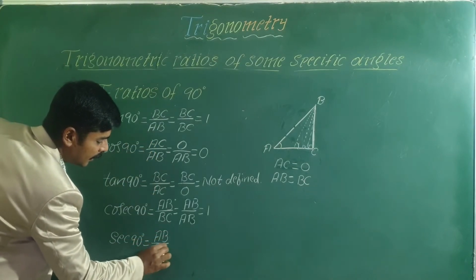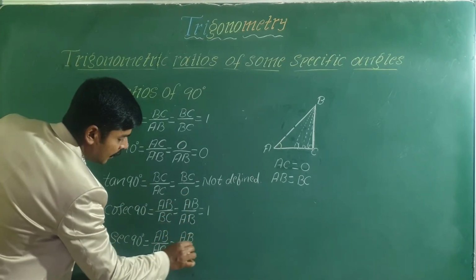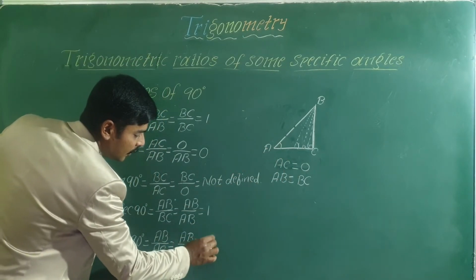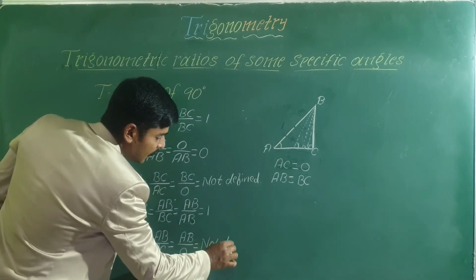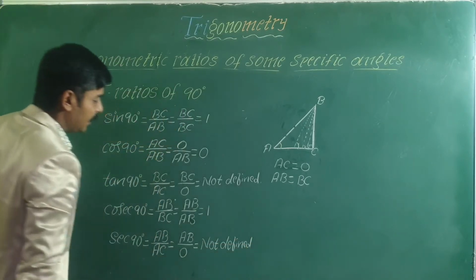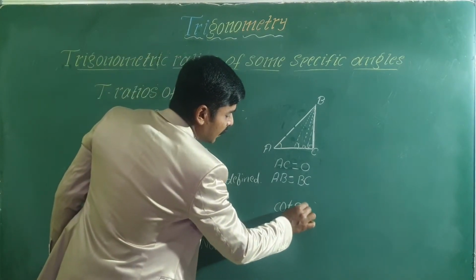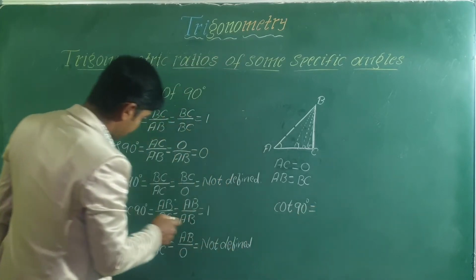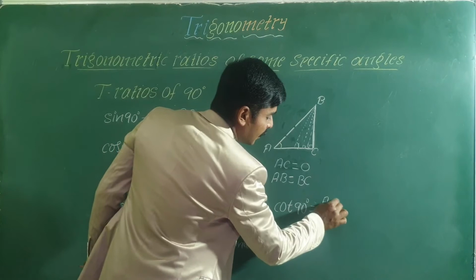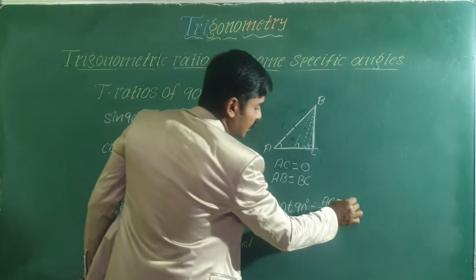AB is AB. AC is 0. Anything divided by 0 is not defined. Next, cot 90 degree. That is the reciprocal of tan 90. Tan 90 is BC by AC. Reciprocal of this is AC by BC. AC is 0.